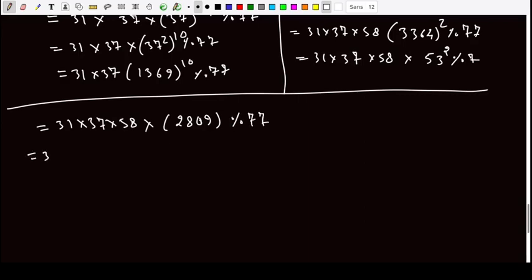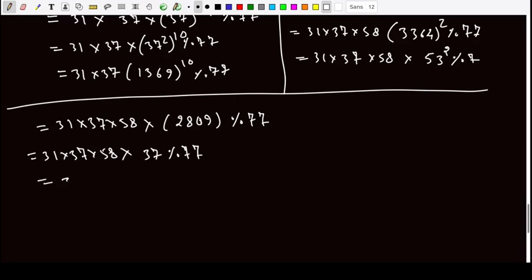Now this is equal to 31, 37, 58, and if you divide 2809 by 77, the remainder is 37. Okay, modulo 77.